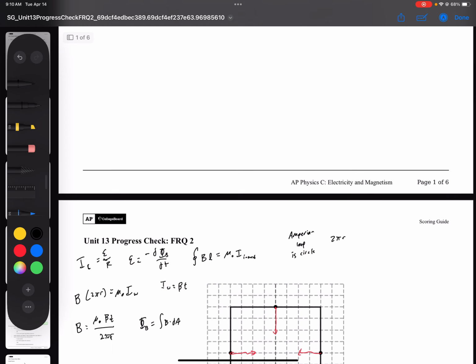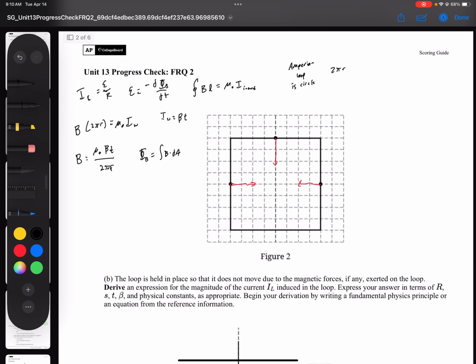So the flux is the integral of mu naught beta t, that's the current in the wire, over 2 pi r, times our dA term.